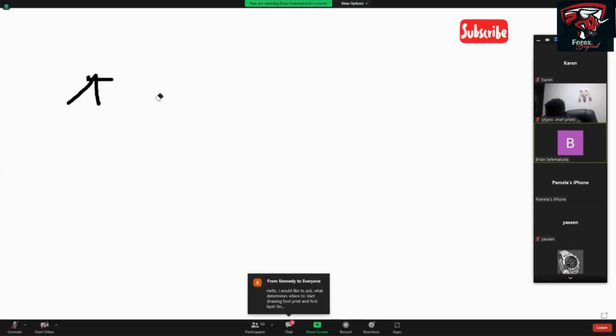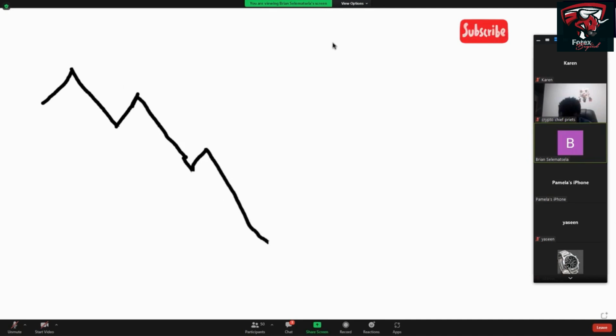Let me erase this and draw a scenario for you. This is my structure. From there, I will draw a footprint line, and after that a first layer line.